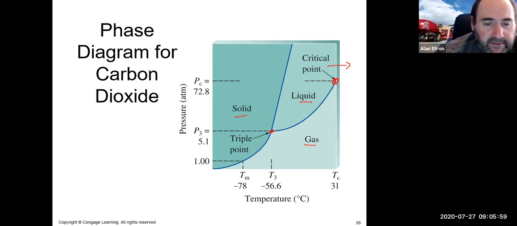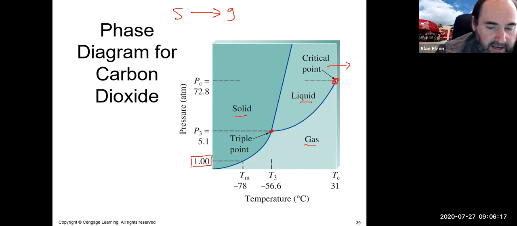Now, dry ice, as we talked about, is a substance that will go directly from solid to gas, skipping the liquid point. So why does that happen? Because if we look at this, it will explain it to us. As I just mentioned, normal everyday conditions is a pressure of 1 atmosphere.